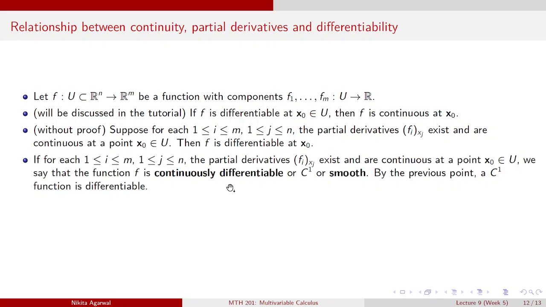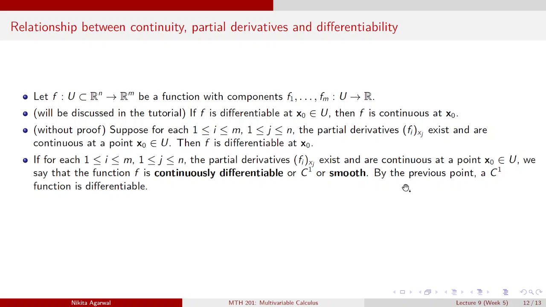Now this is the definition of continuously differentiable or C1 or smooth functions. So if all the partial derivatives exist and are continuous at all points of U, then we say that f is continuously differentiable or C1 or smooth.